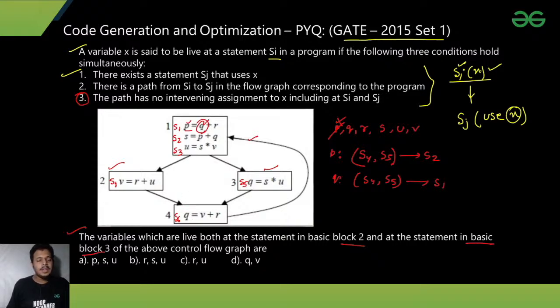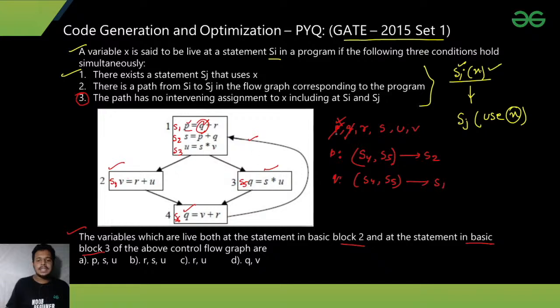But along the way there is some assignment of Q, which is changing the value of Q. So we can say that the Q variable is also not live at block 2 and 3.